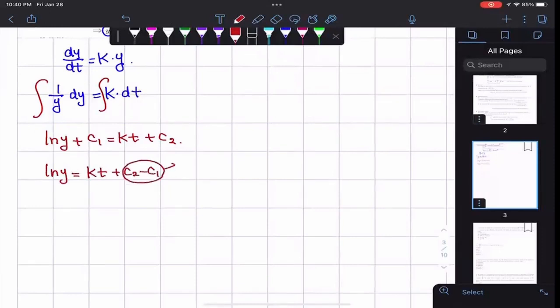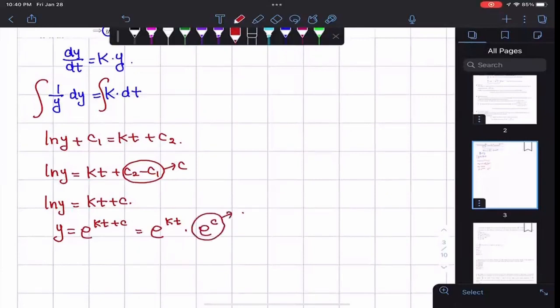This is just c. So ln y equals k times t plus c. So e to the power of kt plus c is e to the power of kt times e to the power of c, and that is just c.